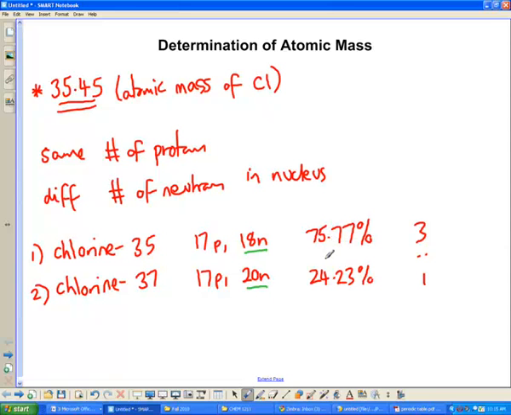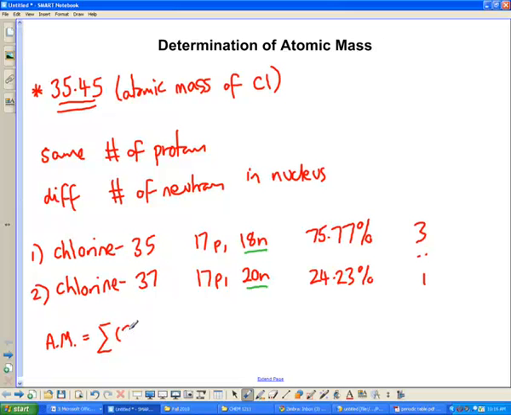Let me show you just exactly how we do this. To get to the atomic mass, I'm just going to use AM for atomic mass here. We are going to take the sum of everything that we have here, and by sum I essentially mean the weighted average. We're going to take the mass of our chlorine-35, which I'm going to round to 35 AMU. It's actually 34.97, but we're just going to say 35 for the sake of simplicity.